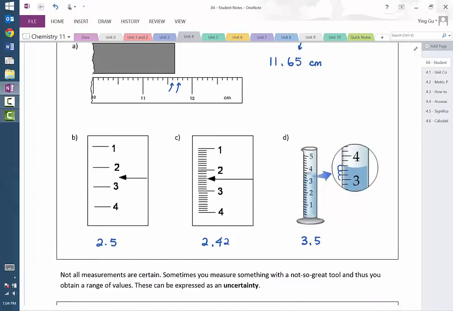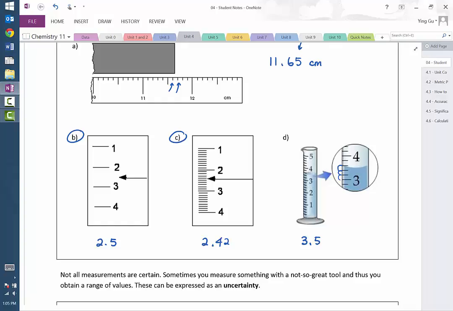Take a look at the rulers, if you will, B and C. Ruler B would give you a less accurate measurement than ruler C, because the value you get from ruler B has 1 decimal place, where C can get you up to 2 decimal places. So the more decimal places an instrument provides, the more accurate your answer is going to be. Okay? We can also say that ruler C is more precise than ruler B.